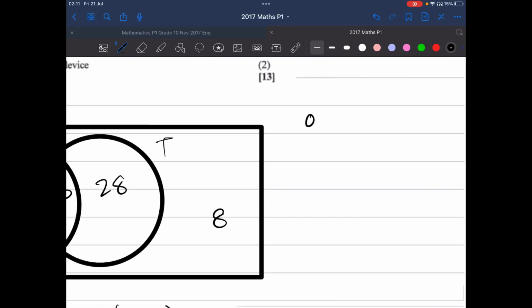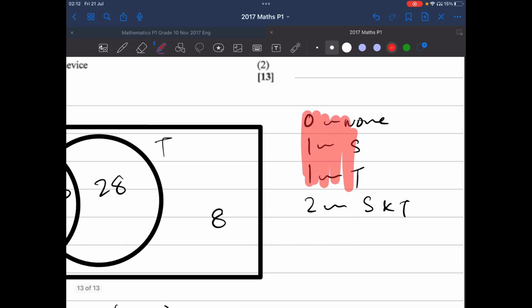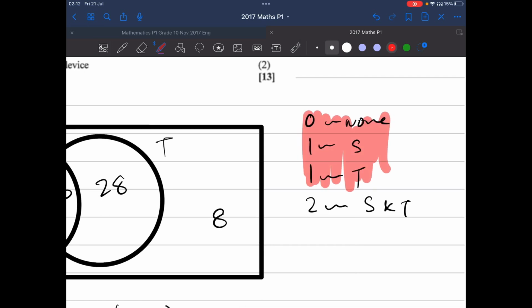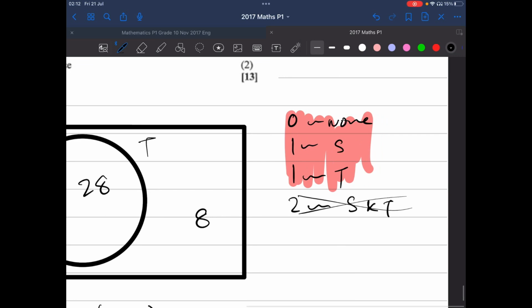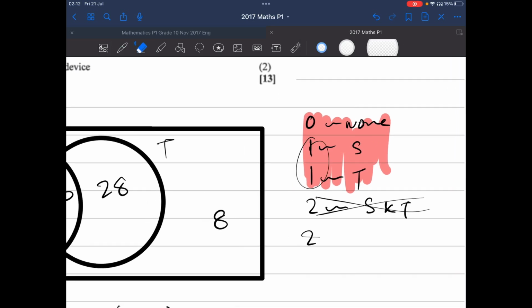You can own 0 devices, and that's none. You can own one device, that's either a smartphone, or you can own one device, and that's a tablet. You can own two devices, and that's a smartphone and a tablet. So they're asking for at most one. That means you must account for all of these possibilities except this one here, because that's two devices, but they're saying the max is one.